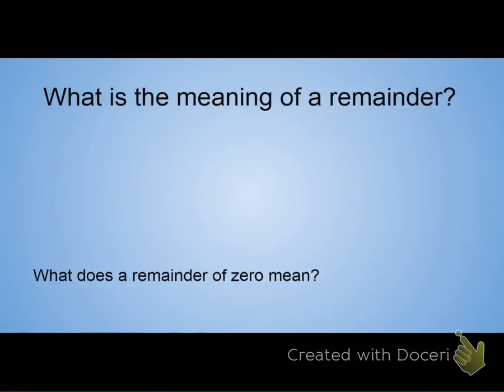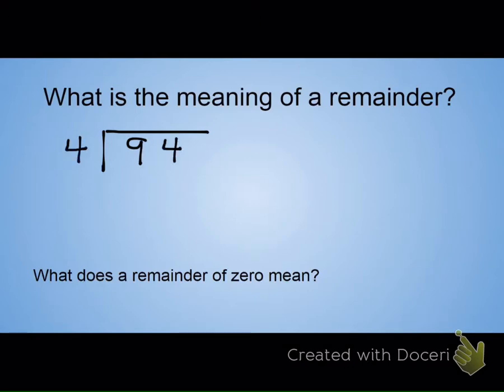Alright, so let's first take a look at this question. What is the meaning of a remainder? So let's write down an example problem in our notes. Let's give an example problem here of 94 divided by 4.